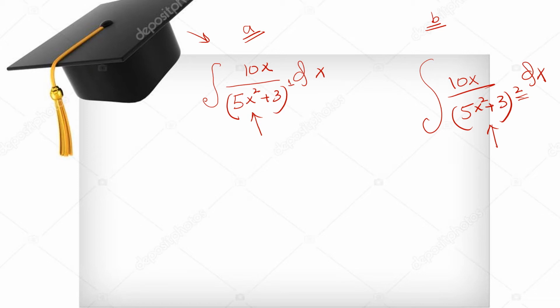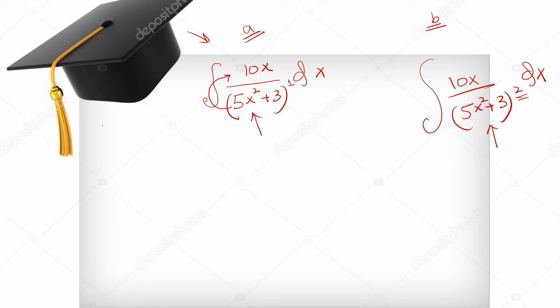If it is so, the second thing to check is whether you have the derivative of the denominator written in the numerator. The derivative of 5x squared is 10x and the derivative of 3 is 0, no need to write. So yes, 10x is present on the top.